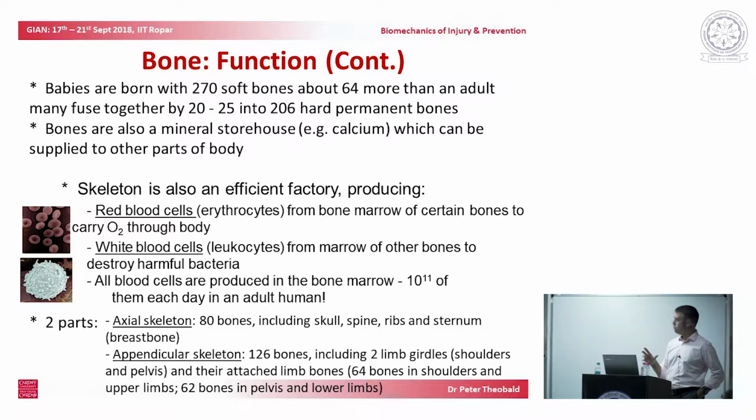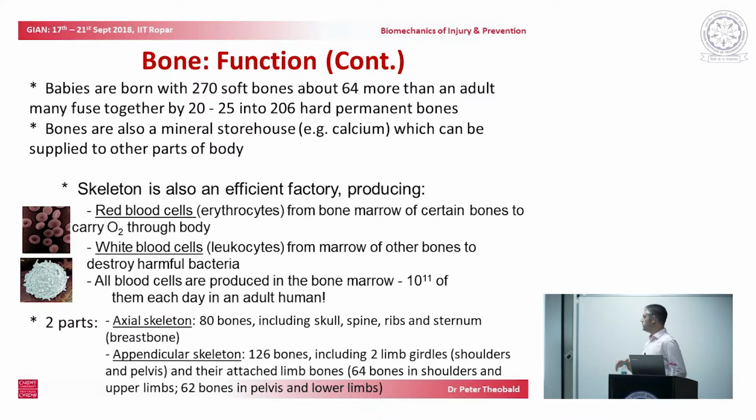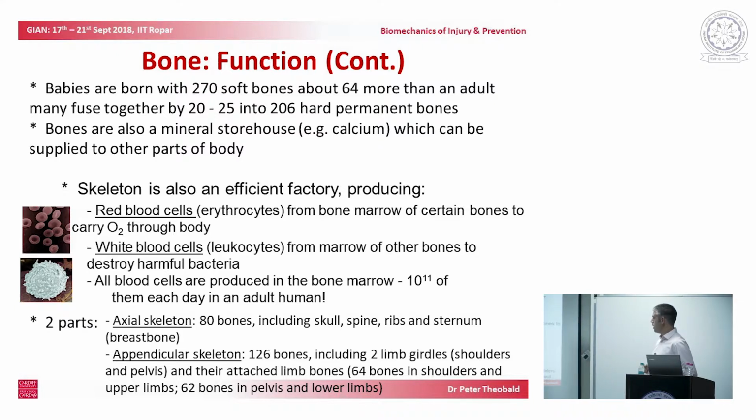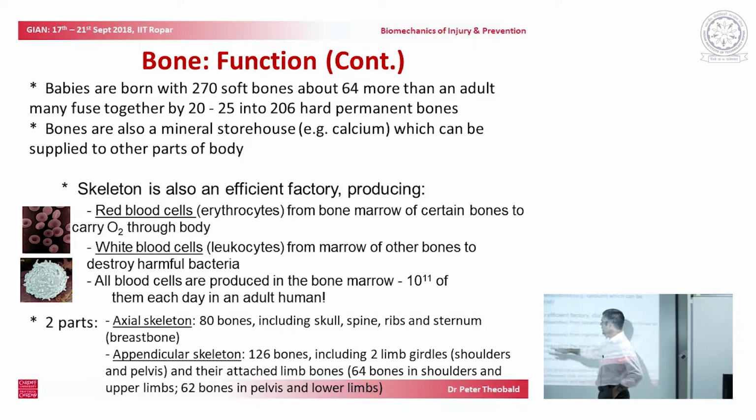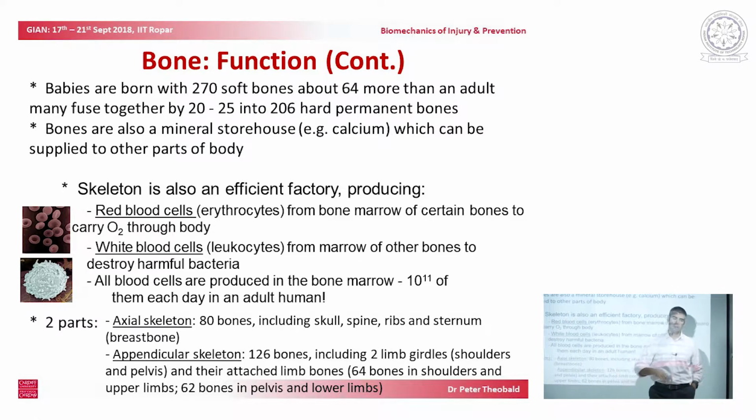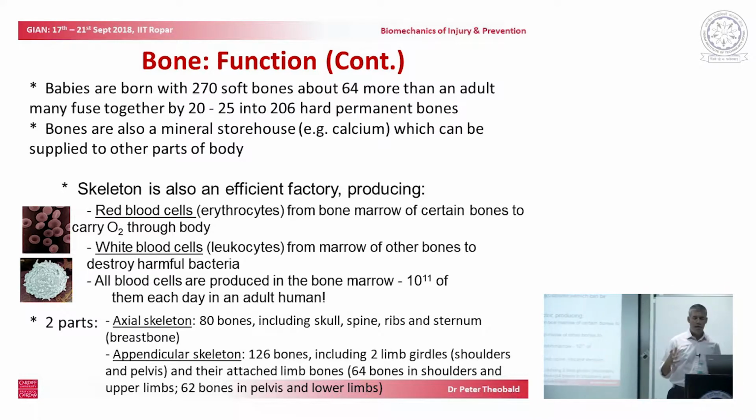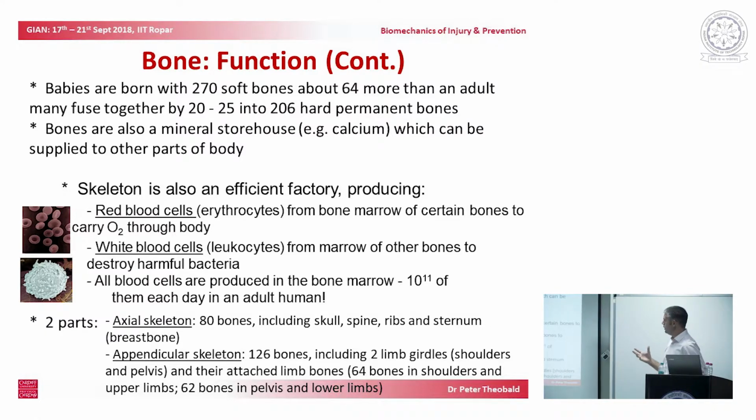The bone marrow forms red blood cells and white blood cells as well. Red blood cells are important. They carry oxygen in the blood. And so without red blood cells, the ability of blood to carry oxygen is greatly diminished, and there are a number of diseases that are affected by that.